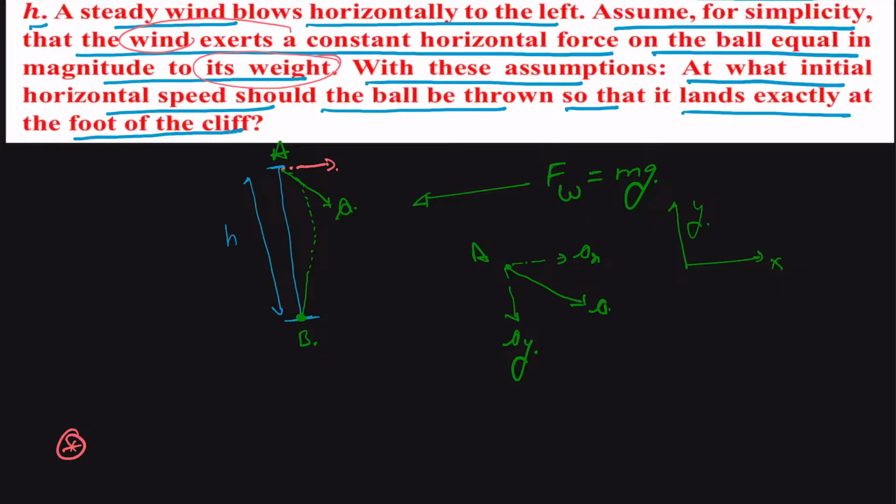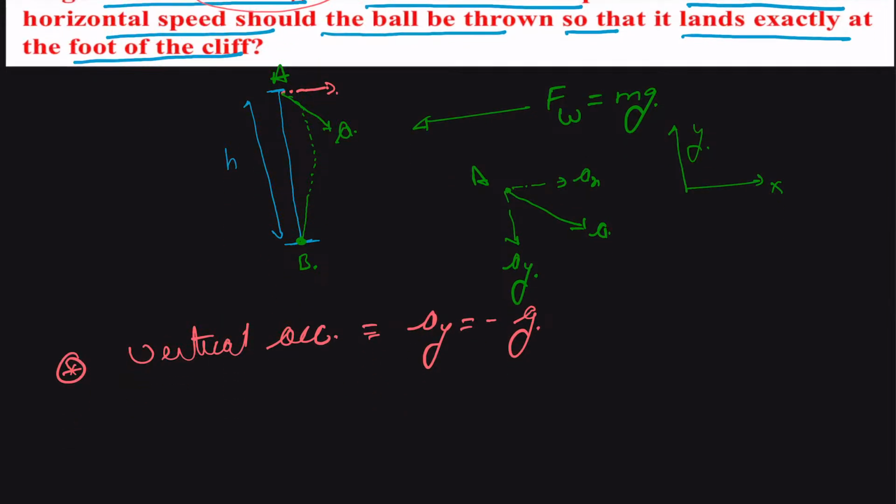So the vertical acceleration, that is a of y, will be equal to minus g, and we come to our horizontal acceleration, that is a of x, and that will be equal to minus F upon m.